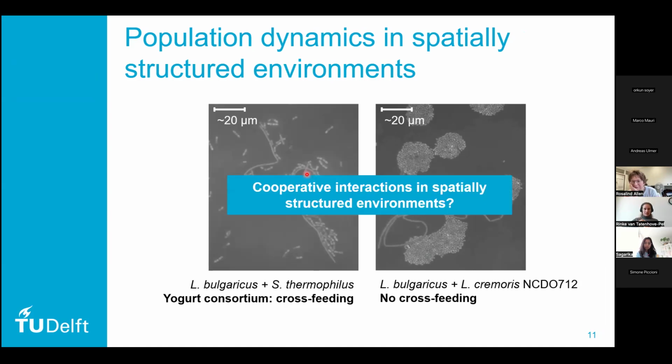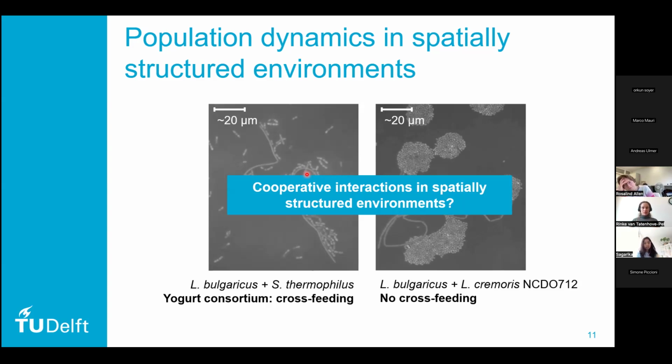So the second topic I want to talk about is to bring it a step further and to look at microbial communities. So far we had one cell competing with another cell, but they are both of the same species, the same strain, maybe with a mutation in there.